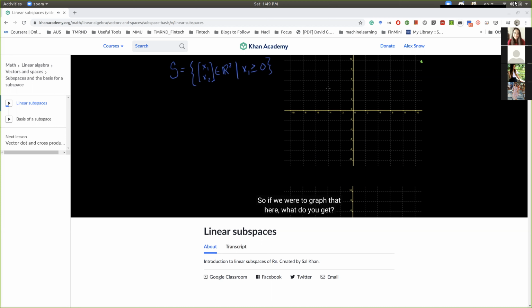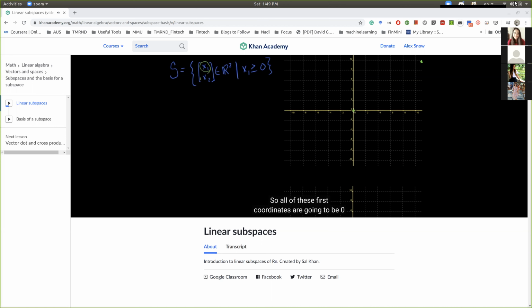So if we were to graph that here, what do you get? We can go up and down in any direction, but we're constraining ourselves. All of these first coordinates are going to be 0 or greater. We can go up and down arbitrarily.